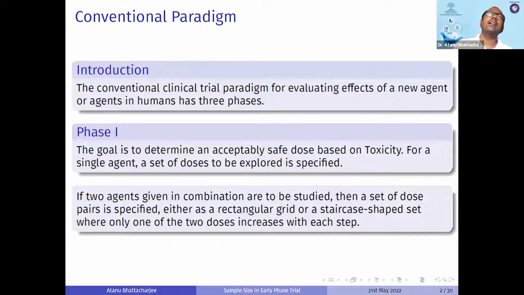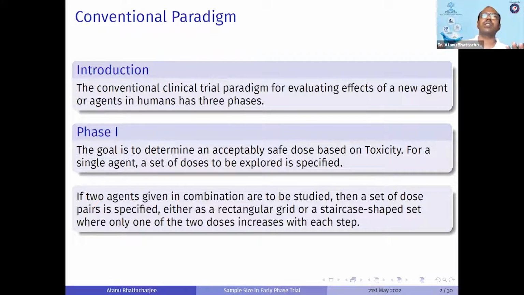It means that while you are talking about a phase 1 trial, irrespective of whether it's a new molecule or agent, or an existing molecule with different drug administration procedures, in both cases we are much more concerned about the toxicity rather than efficacy. Okay, so in a phase 1 trial, nobody is going to talk about the efficacy.